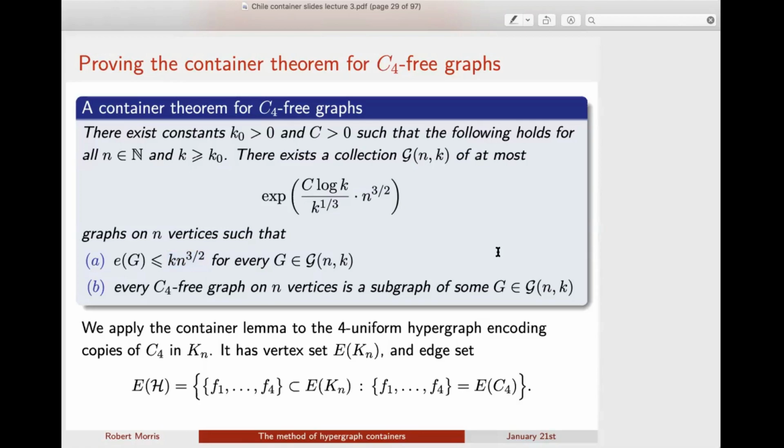So the vertex set will be the edges of our current container, and the hyperedges will be C4s inside there. We need to know what the tau is for that hypergraph. So the hypergraph we're working on midway through this process is an arbitrary graph with k times n to the 3/2 edges, and the hypergraph is all the C4s inside that graph.